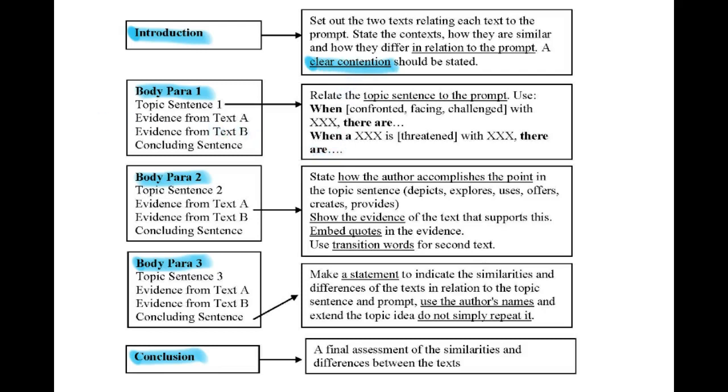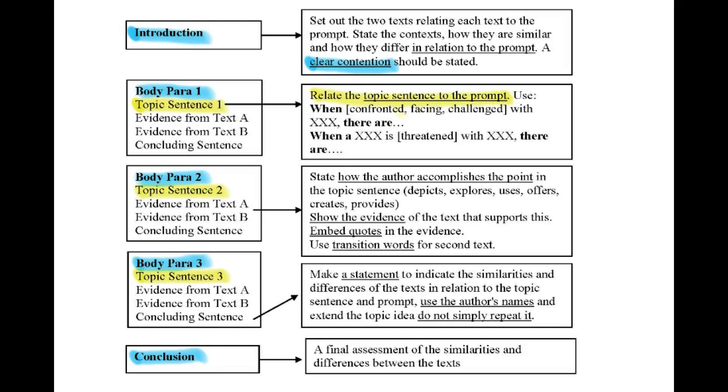When we come to the body paragraphs, we want to ensure that we follow the same format. The first thing that we do for each body paragraph is to communicate the topic sentence or the key idea. The topic sentence is going to obviously relate to the prompt.